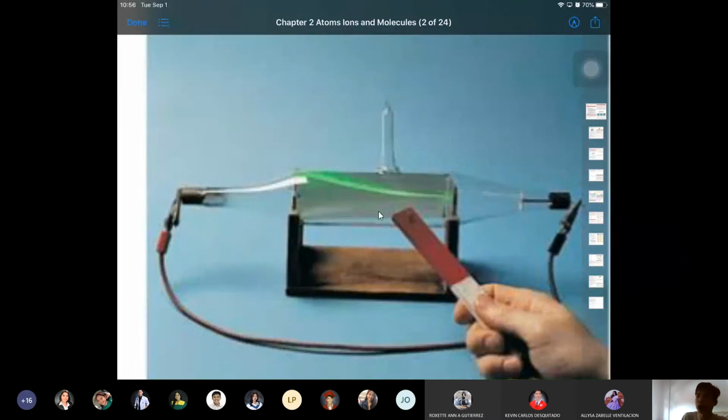So what deflects, no? If both are positive or both are negative. This time, this is negative, and this ray deflected from the negative magnet. So that means both are negative, no? That confirms the idea that this ray from the atoms of the metal here is negative in charge, no?